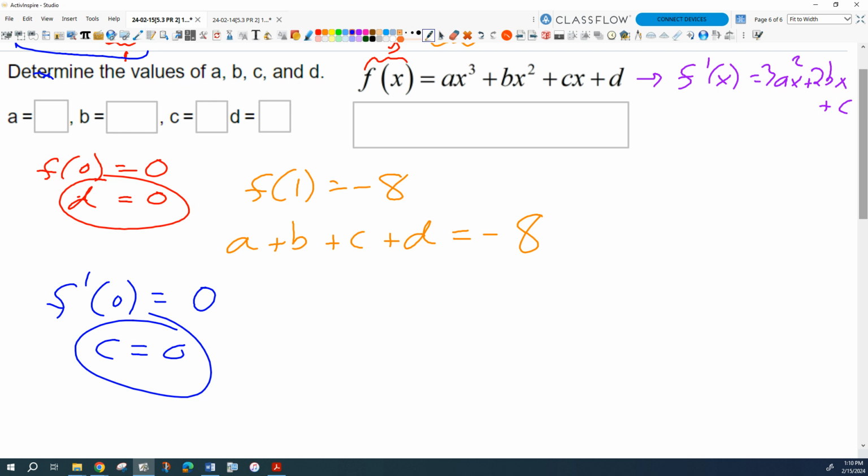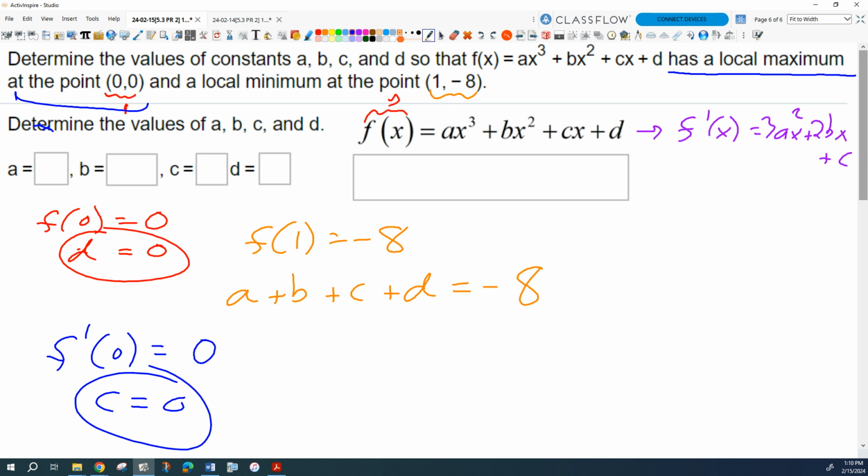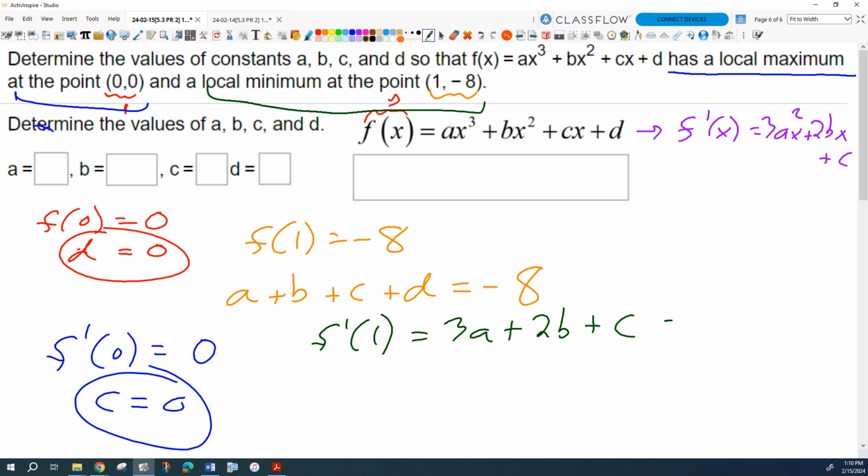And what about this one right here? We have a local minimum. f prime of 1 must equal 0. So f prime of 1, which equals 3a plus 2b plus c, equals 0. Now we've got our 4 equations.